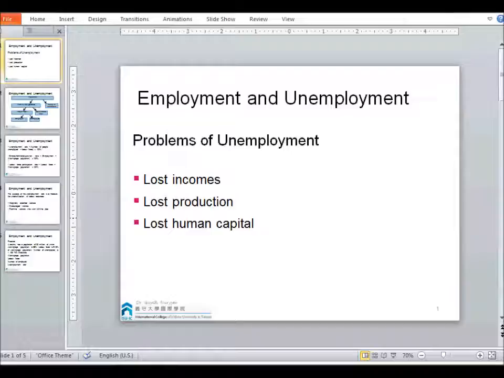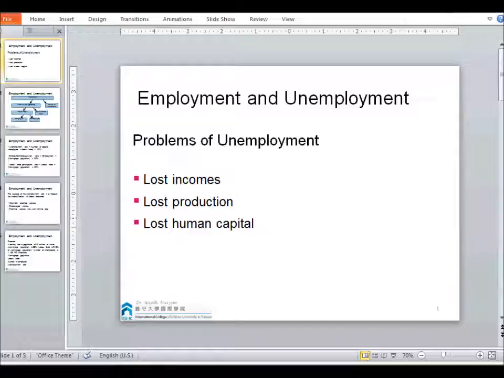And finally, if unemployment is experienced by someone for a sufficiently long time, then they might start losing some of their job-related knowledge and skills. In other words, they would start losing human capital.